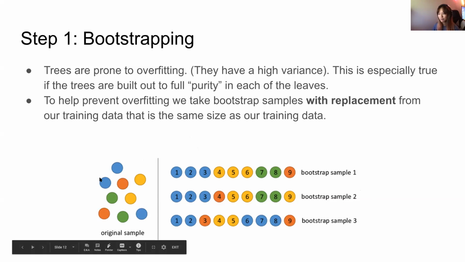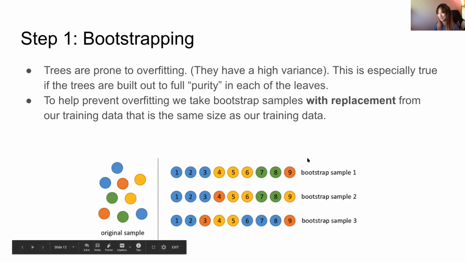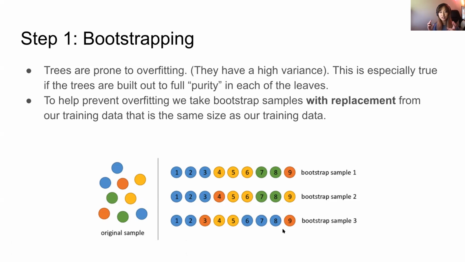So each data point has an equally likely chance of being selected again at every step of selecting a new sample. These bootstrap samples are created by just drawing with replacement from the original sample. The good thing is you end up with slightly different mixes of your data set with every bootstrap sample. So that's the whole idea of bootstrapping.